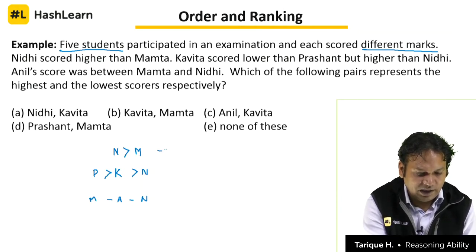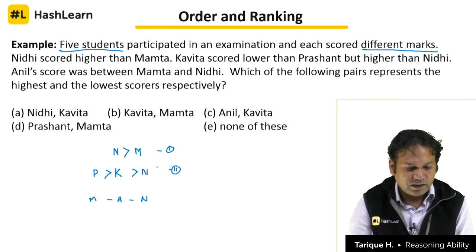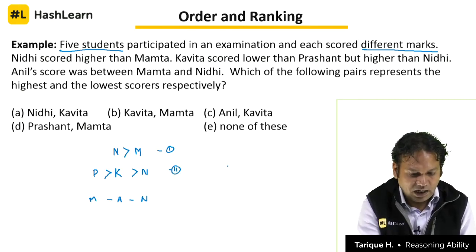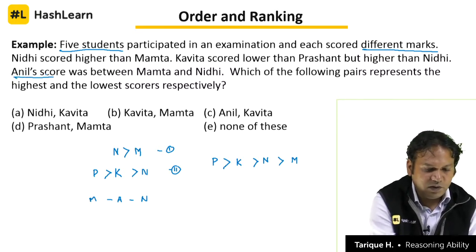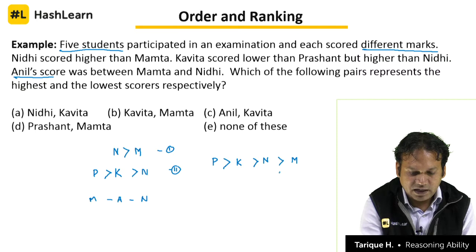First of all, combining the first and second equation. We know that Prashant has scored more than Kavita, Kavita has scored more than Nidhi, and Nidhi has scored more than Mamta. And Anil's score was between Mamta and Nidhi, that means Anil will come in between them.